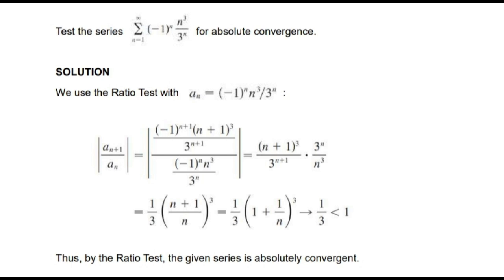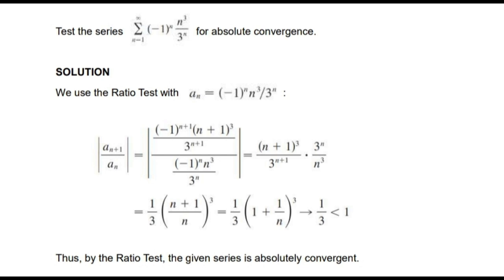We have a sub n plus 1 over a sub n, as it is the ratio test, so we substitute. For a sub n plus 1, we have negative 1 raised to n plus 1 multiplied by n plus 1 cubed over 3 raised to n plus 1.